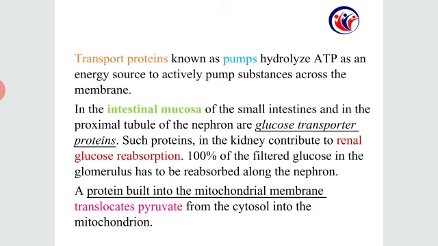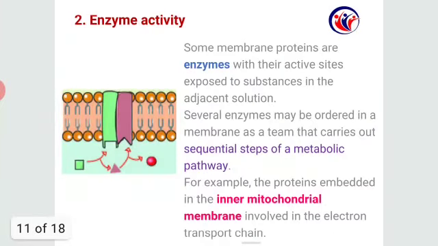That protein built into the mitochondrial membrane translocates or moves. It picks up your pyruvate and takes it into the mitochondrion. Now you can see this membrane protein again involved in the transport of molecules or substances. Okay, it passes it into the mitochondrion or the mitochondrial matrix from the cytosol or cytoplasm, like I have mentioned.